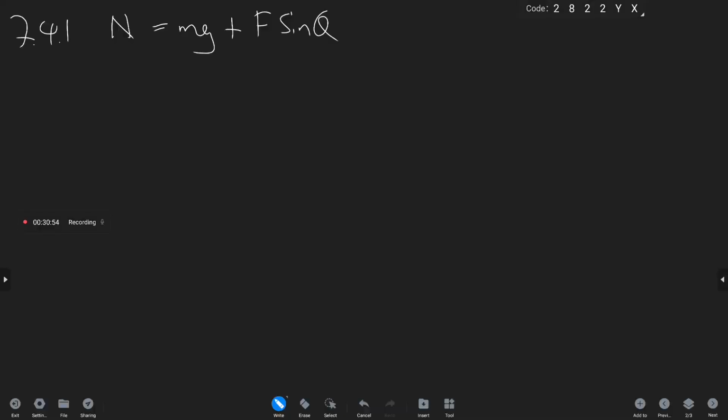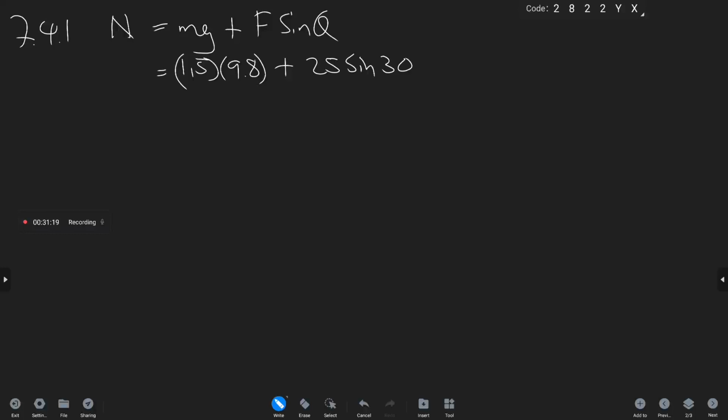So going back again, the mass is going to be 1.5 multiplied by 9.8, which is acceleration due to gravity, plus the force, which is 25 newtons, and then sine the angle is 30 degrees.